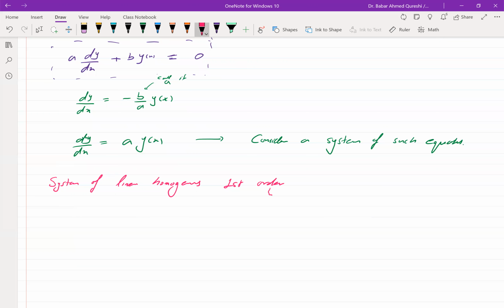By order, we mean the order of differentiation, so just the first derivative appears. A system of linear homogeneous first order differential equations.